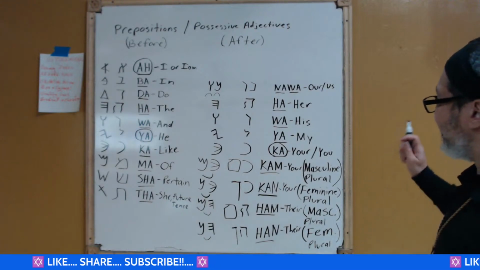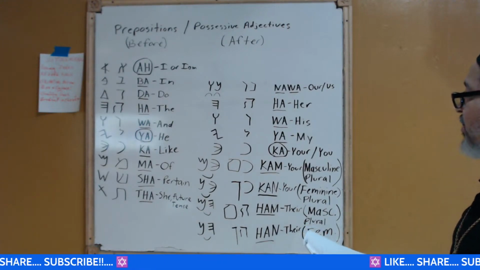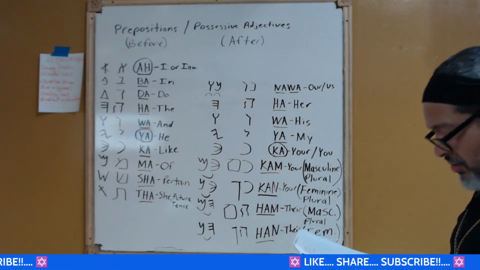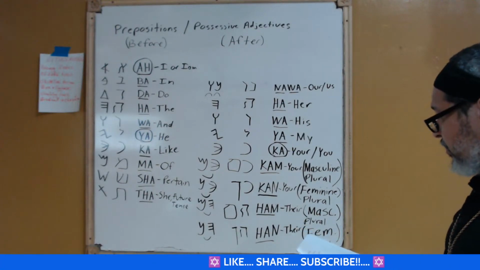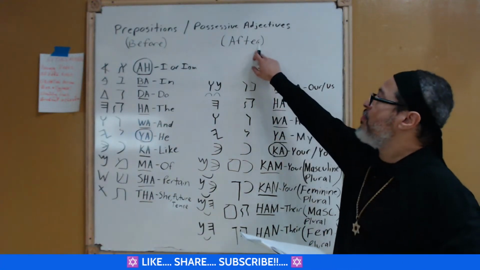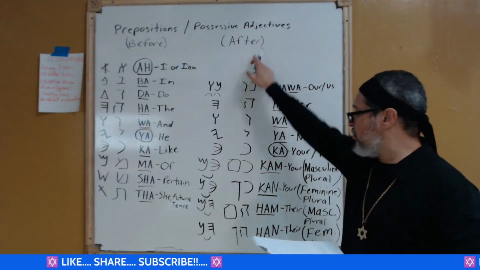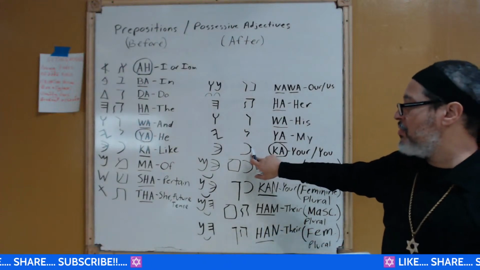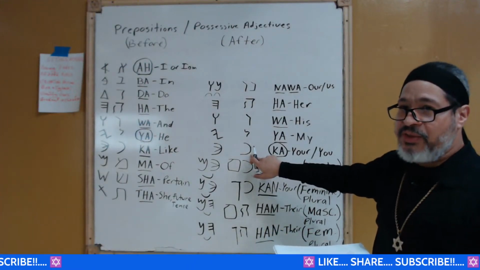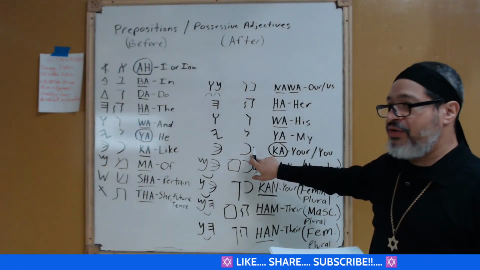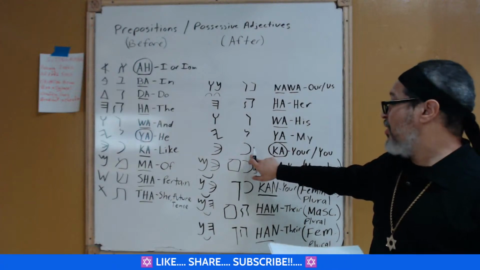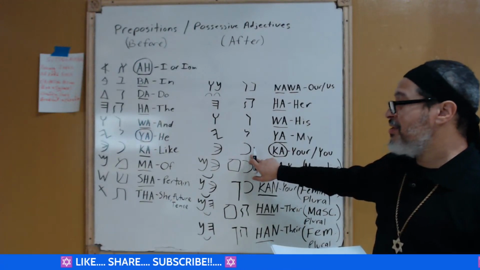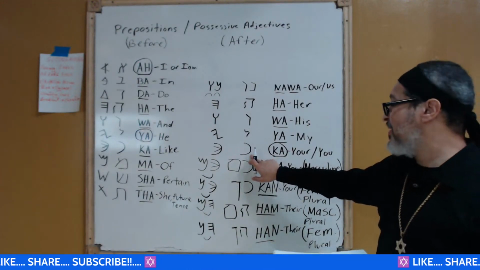Wait, this is very important. I just saw I made a mistake. This appears after. What is this symbol? Well, if this was a normal language, you would just have one letter, but you don't. For the ka, there are two different letters in the modern.